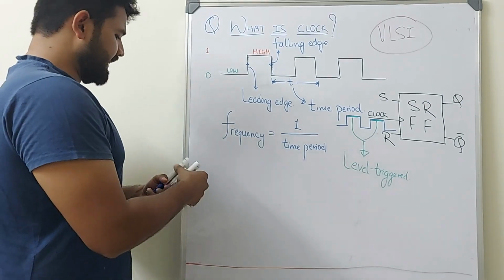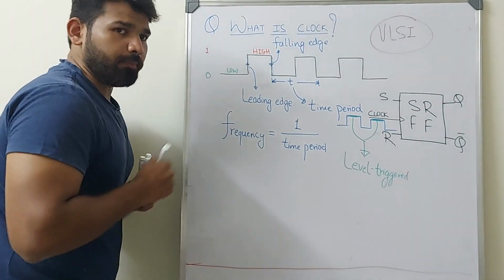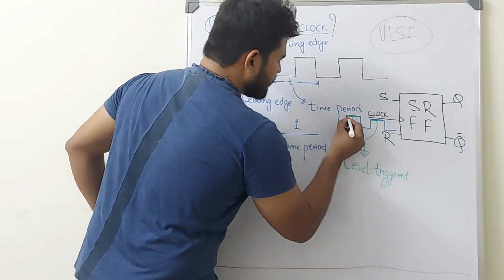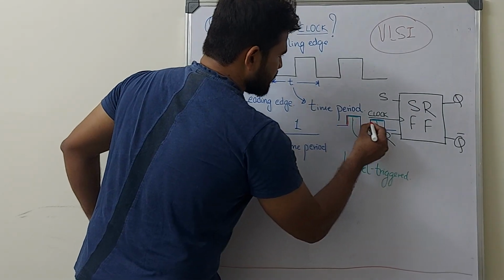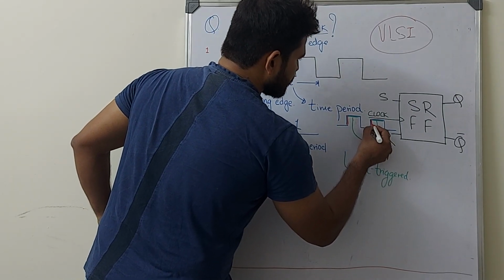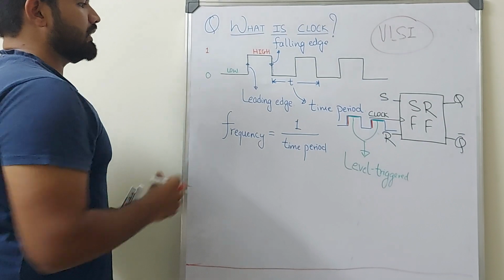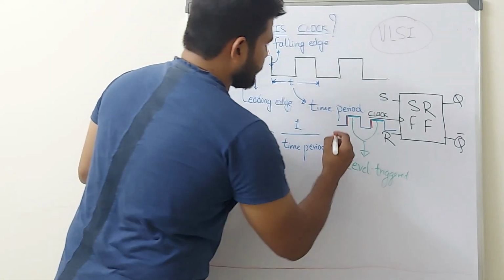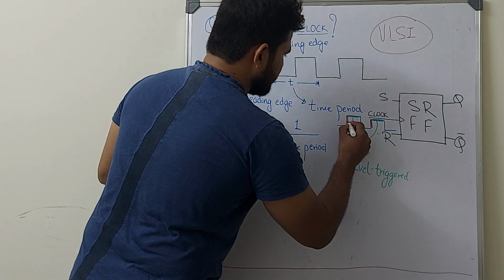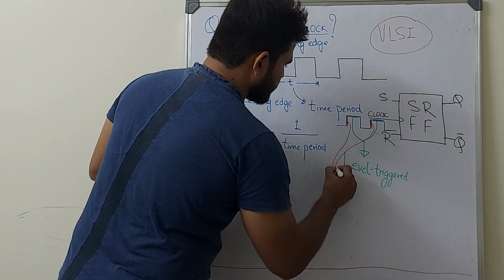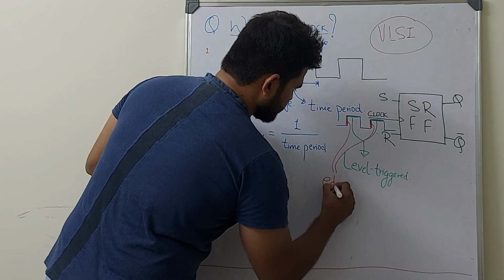Similarly, if it operates or the clock is functional on the edge, suppose on the leading edge, then it will be called edge triggered.